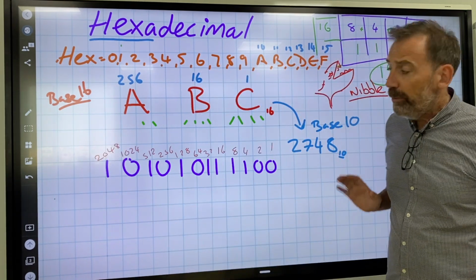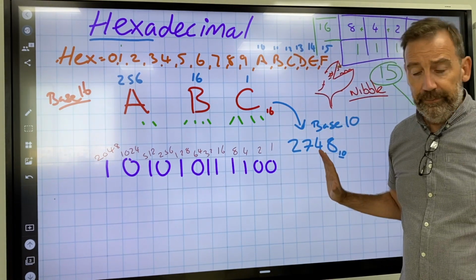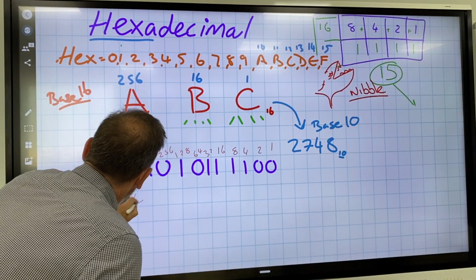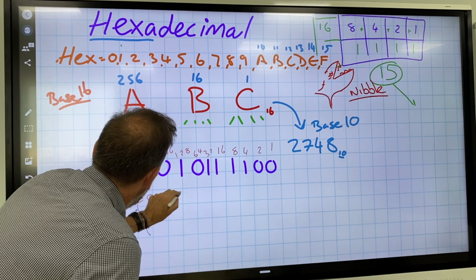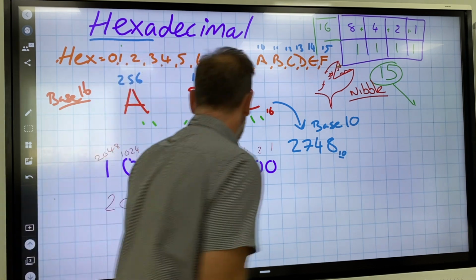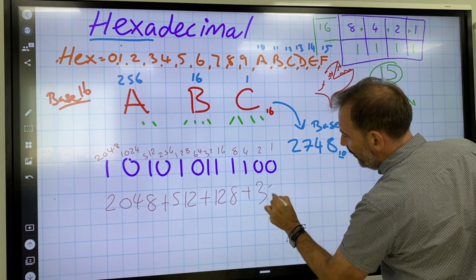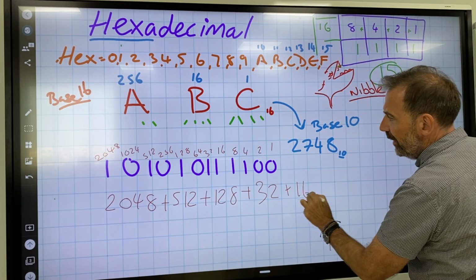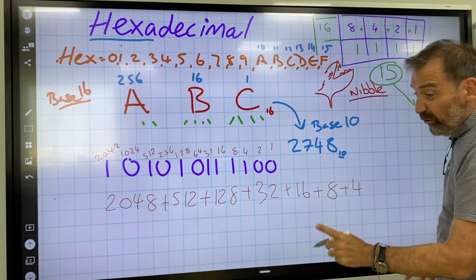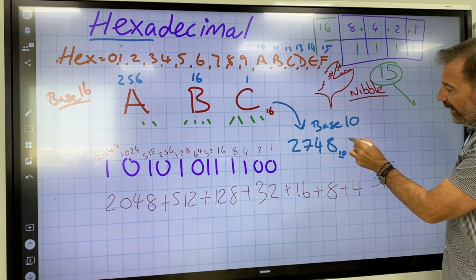That would be a 12-bit register, 12 numbers. So now I would go 2048 plus 512 plus 128 plus 32 plus 16 plus 8 plus 4, which should give me that.